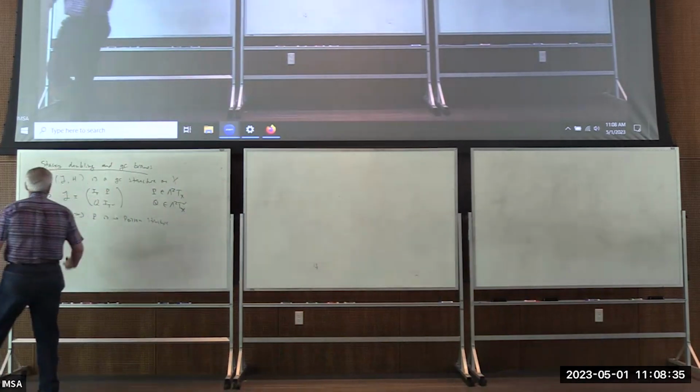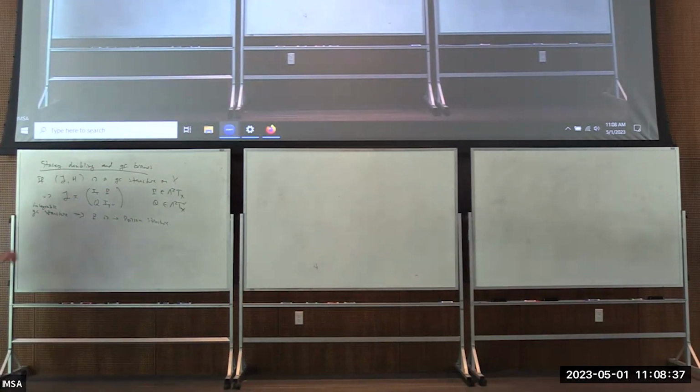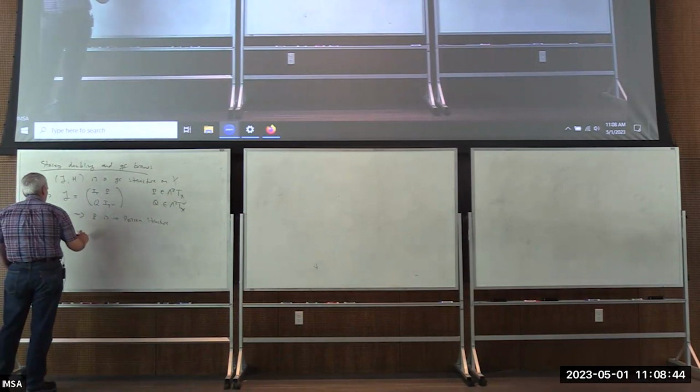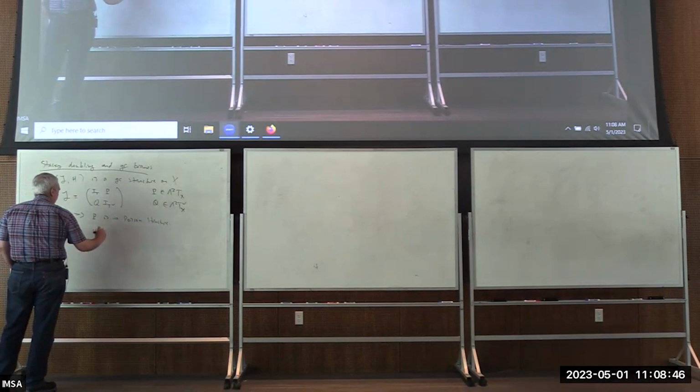So a part of an integrable GC structure is really a Poisson structure. So let's zoom in on that. So consider now only X and P.